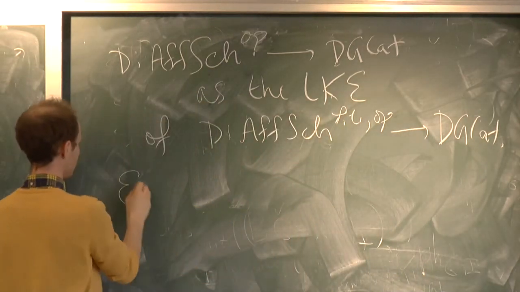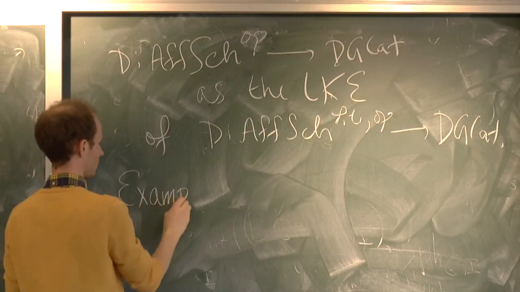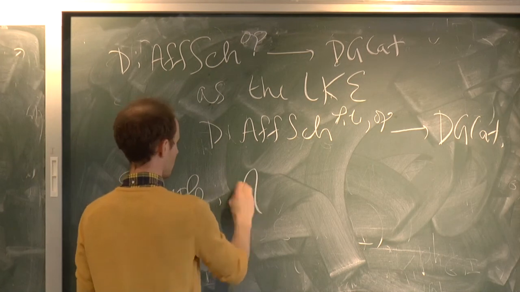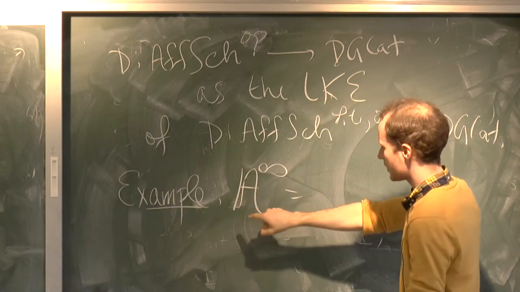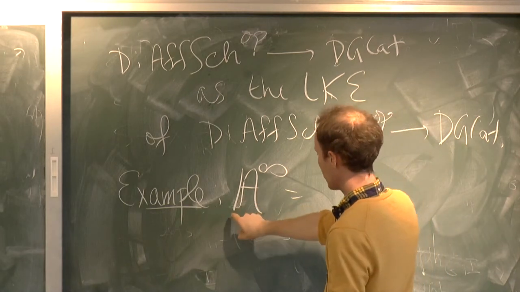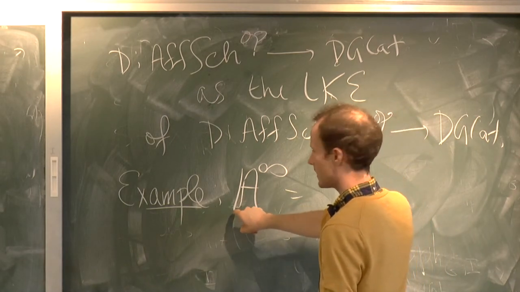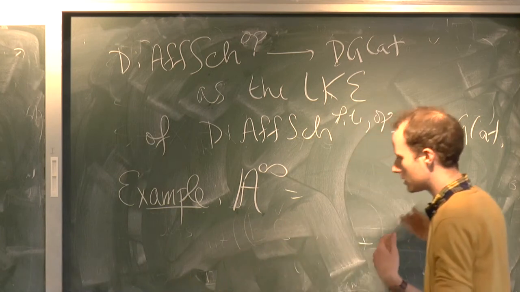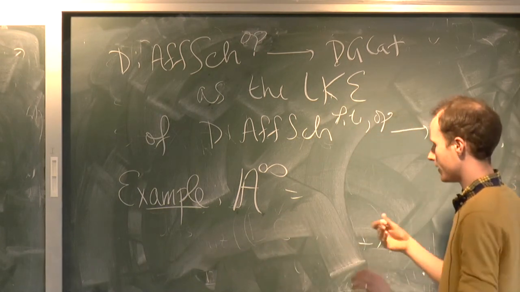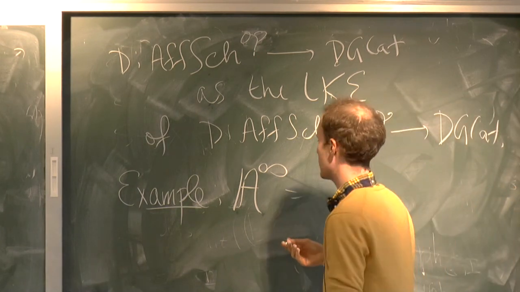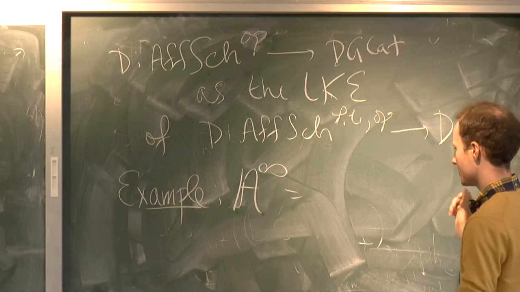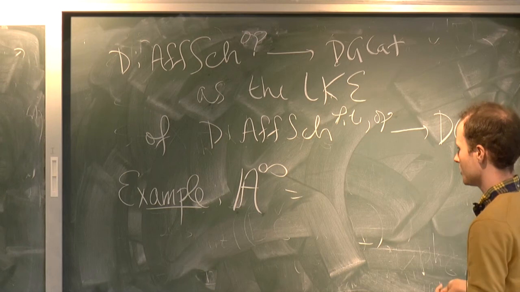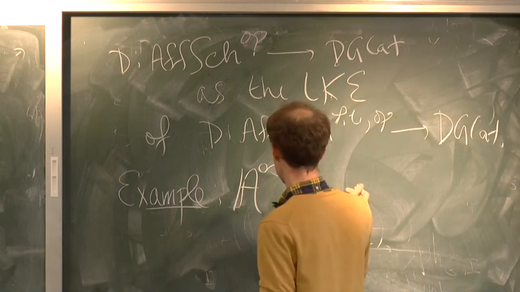So as an example, if I define A infinity, I should say, as a proviso, the term infinite dimensional affine space and this notation is ambiguous. There's pro-infinite dimensional affine space and ind-infinite dimensional affine space, and no one has developed good notation for distinguishing these two things. It would be a great invention in mathematics if someone did.